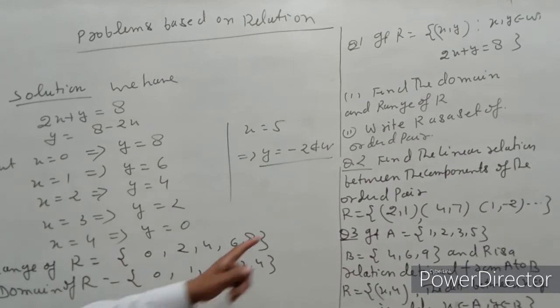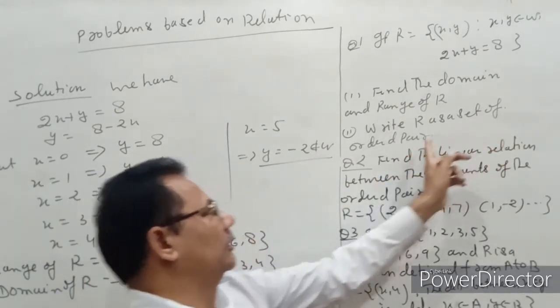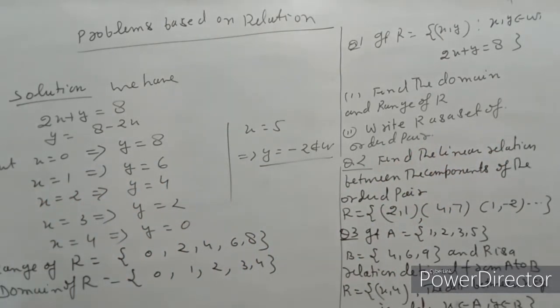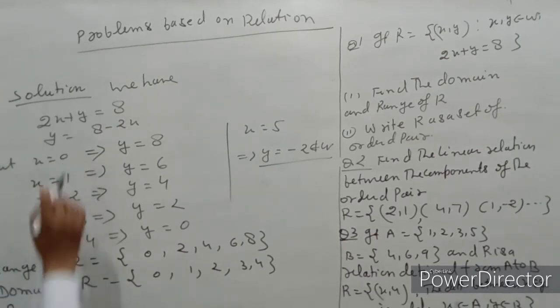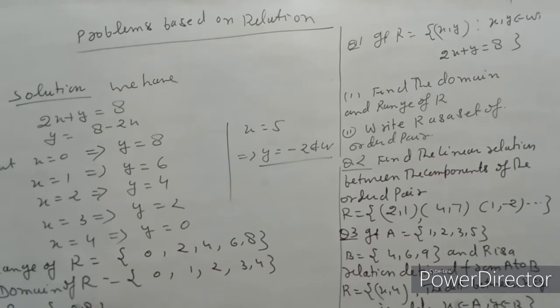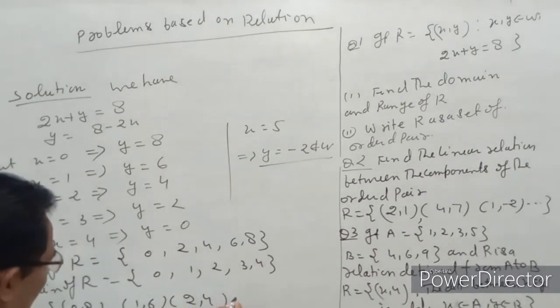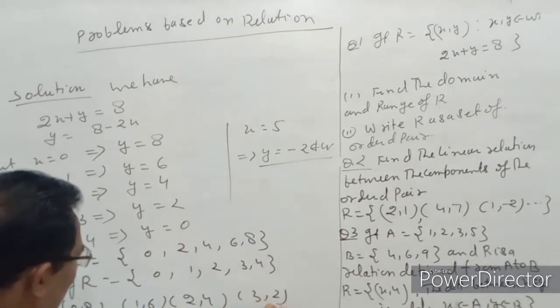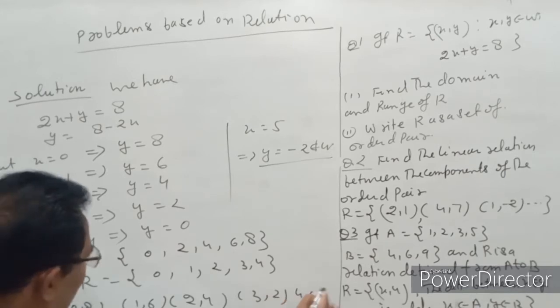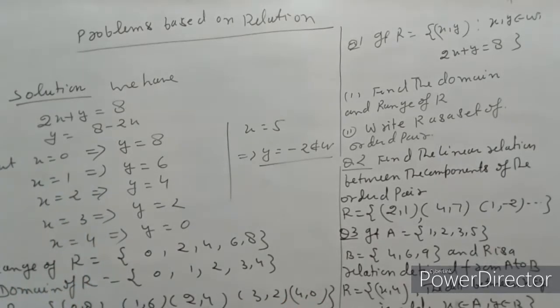And also write R in the form of a set of ordered pairs. So then R is (0, 8), (1, 6), (2, 4), (3, 2) and (4, 0). So this is the value of R.